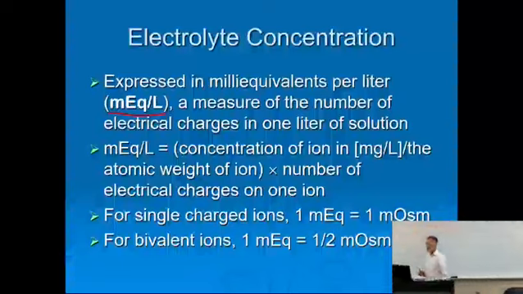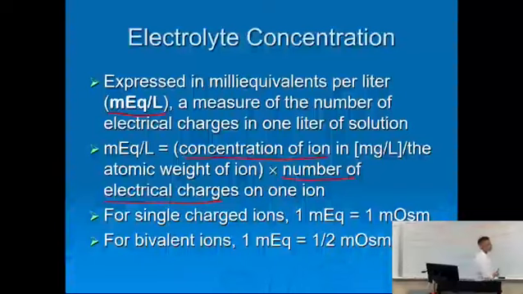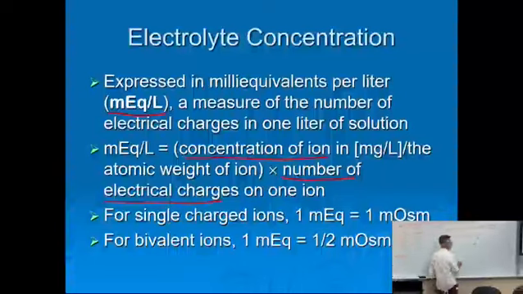And so in this case, a milliequivalent not only takes into account the concentration of that ion, but also the number of electrical charges on one ion. So for instance, if we are talking about sodium, when we draw it out, it's Na plus. That's like a +1, right? It has one charge. It's lost one electron. But calcium, on the other hand, and magnesium are +2 charge.